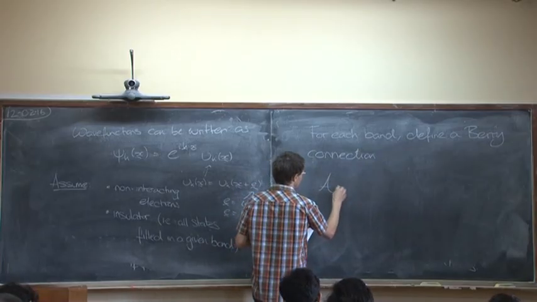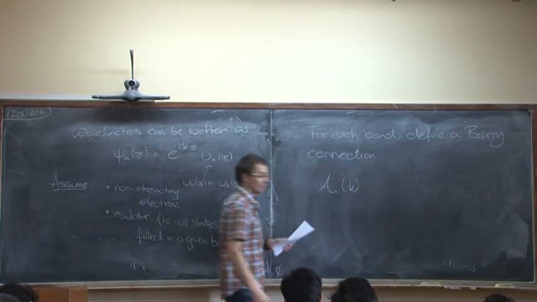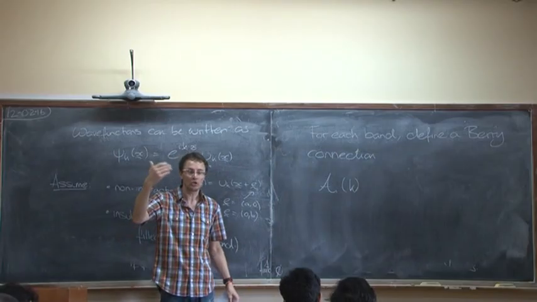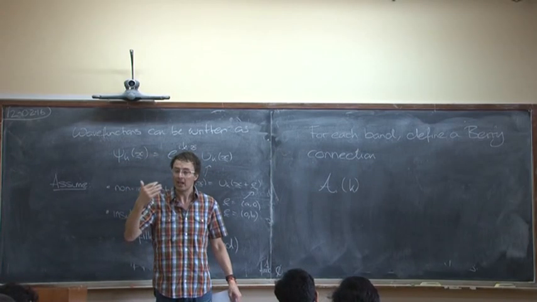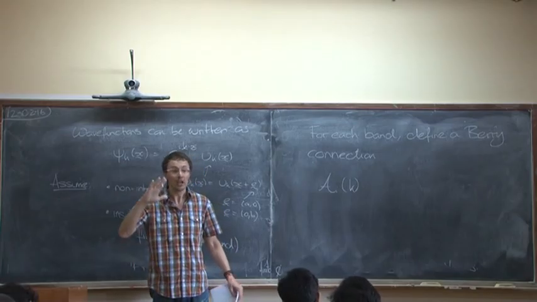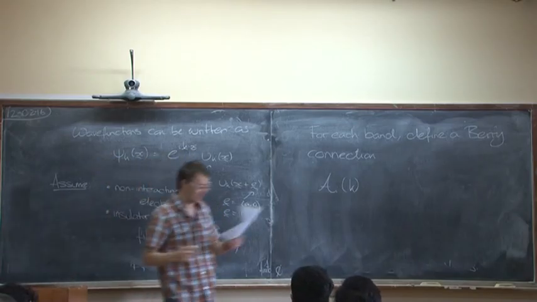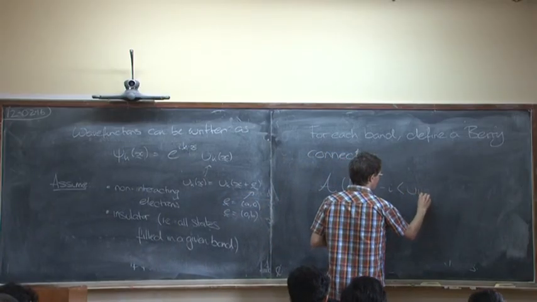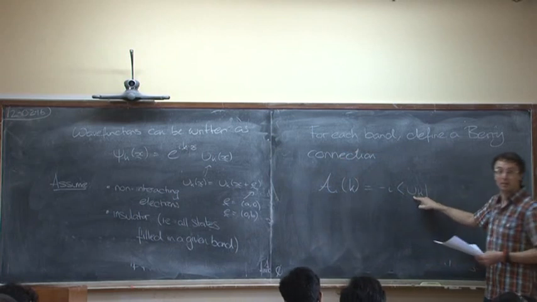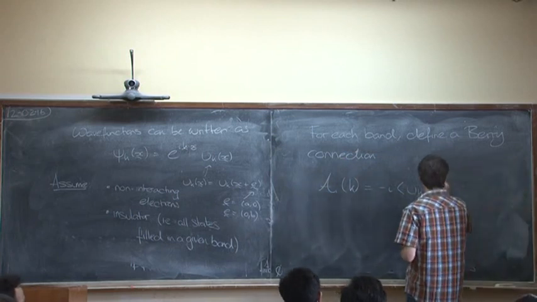What's a Berry connection? Before, the Berry connection was something where we took the state and differentiated with respect to parameters of the Hamiltonian. Here it's a little different conceptually. We're not going to differentiate with respect to the parameters of the Hamiltonian. We're going to take these states that we call u_k and differentiate them with respect to the momentum.